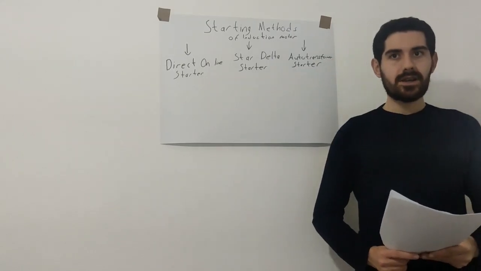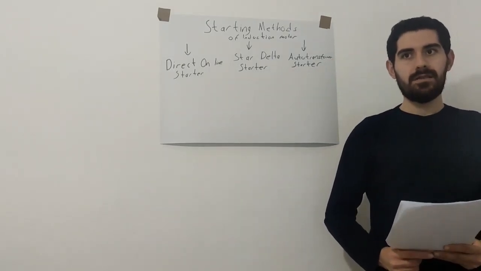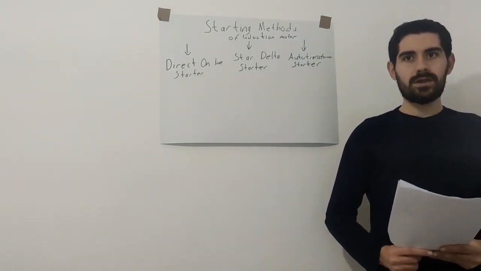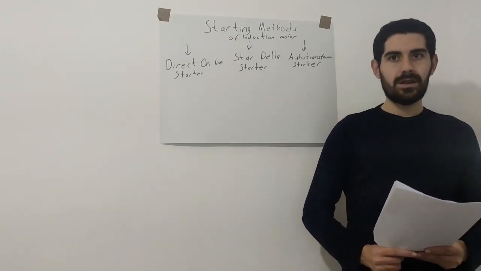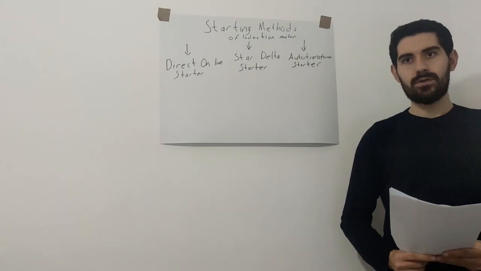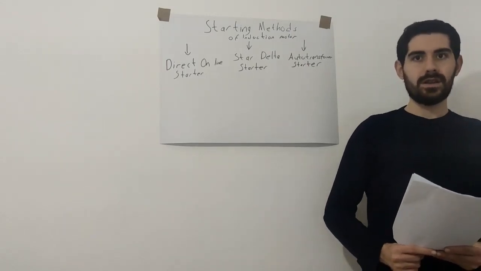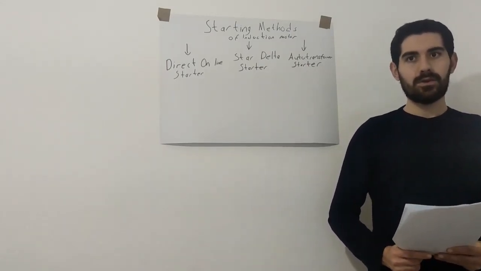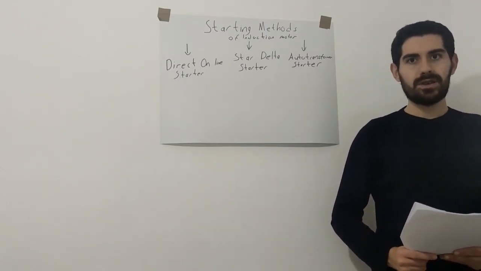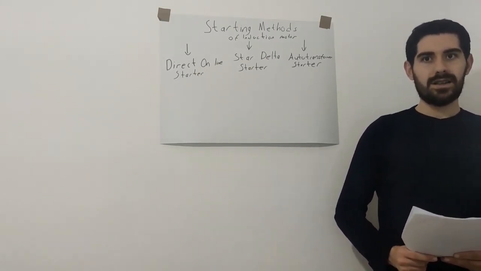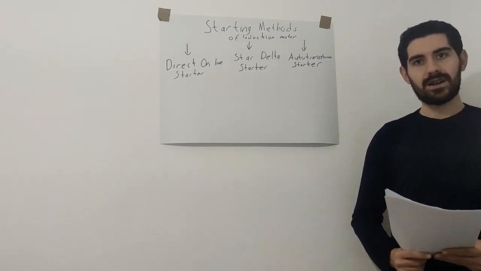A three-phase induction motor is self-starting. When the supply is connected to the stator of the three-phase induction motor, a rotating magnetic field is produced and the rotor begins rotating and the induction motor starts. At the time of starting, the motor slip is unity and the starting current is very large.